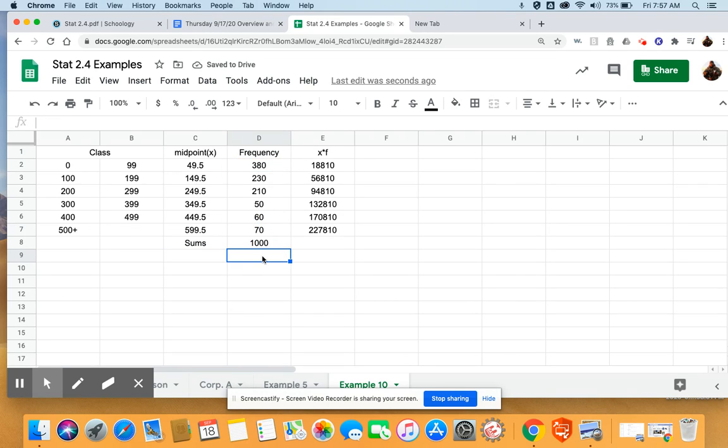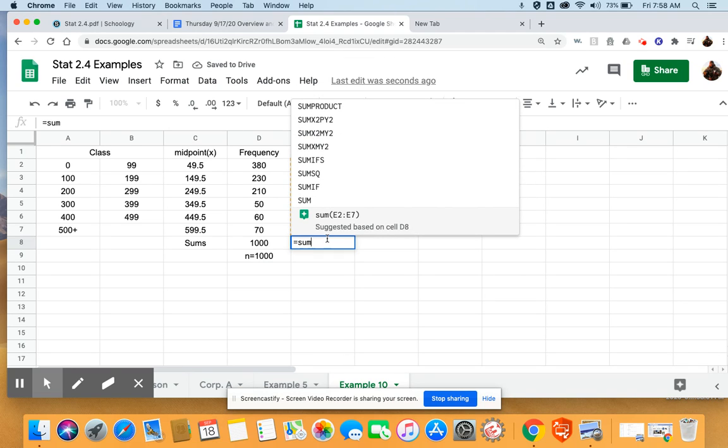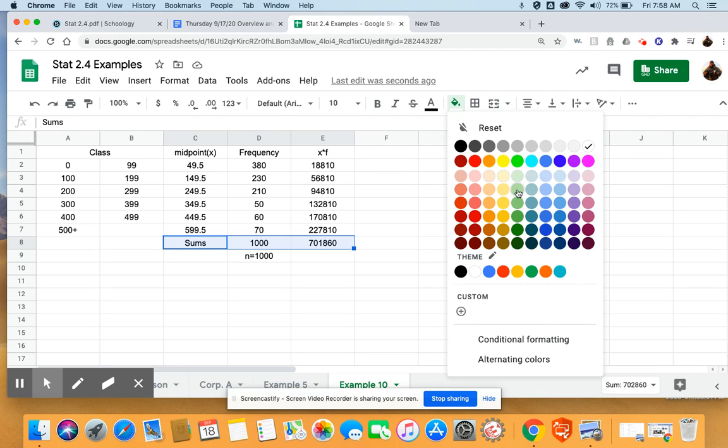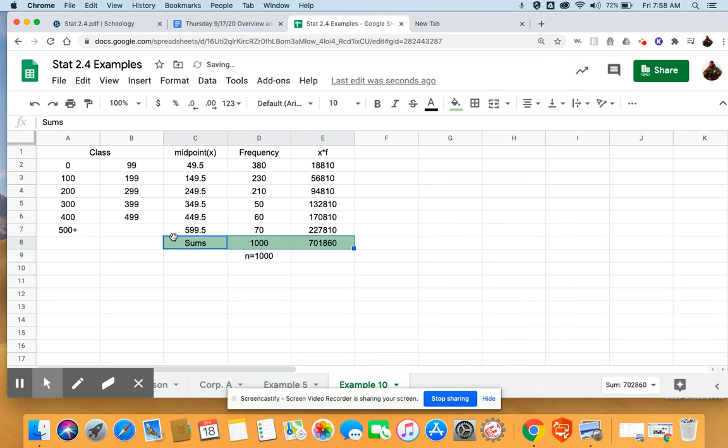It's important for us to recognize that is n. That is our sample size. Also going to find the sum here. They suggested the equation for us. Very good. So I'm going to go ahead and highlight these three in a color so that we know those are not part of our data calculations. Those are actually our sums.